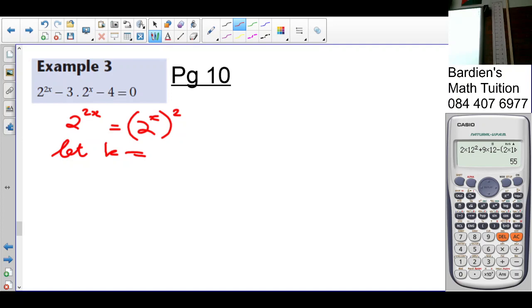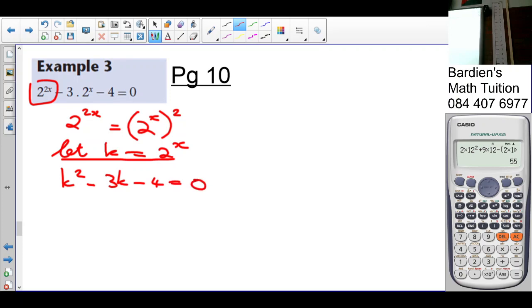Whenever you introduce a variable to the sum, you have to do this. Okay. Let k equal 2 to the x. If k is equal to 2 to the x, then this here can be written as k squared minus 3k minus 4 is equal to 0.